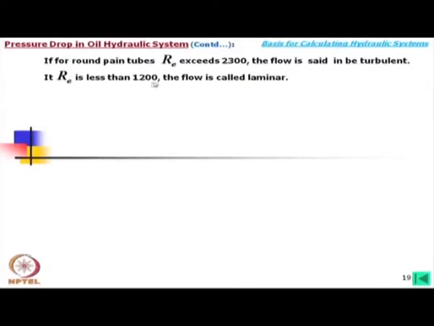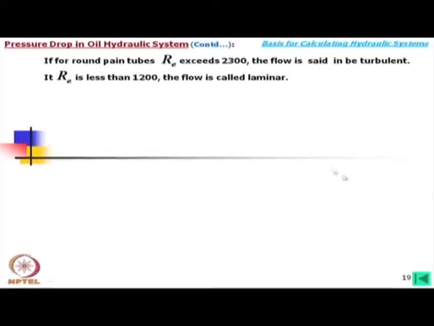Then there is the question of what to consider if it is between 1200 and 2300. Depending on other factors, it can be decided whether the flow is laminar or turbulent within that range, but we are not going through such details here.